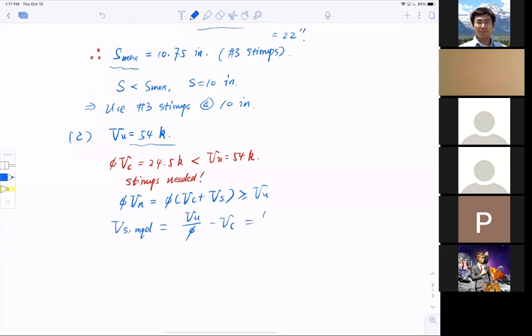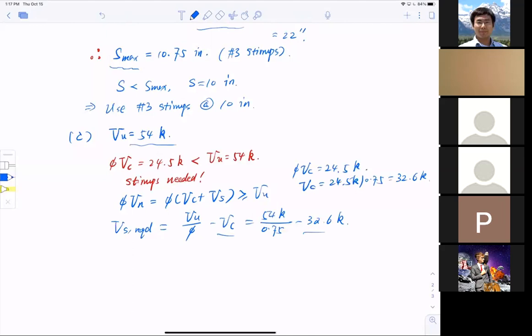That is 54 kips divided by 0.75, minus 32.6 kip. Where is this 32.6 coming from? From phi Vc, 24.5 kips, so Vc equals 24.5 kips divided by 0.75, which gives you 32.6 kip. So that is the required shear from the stirrups.